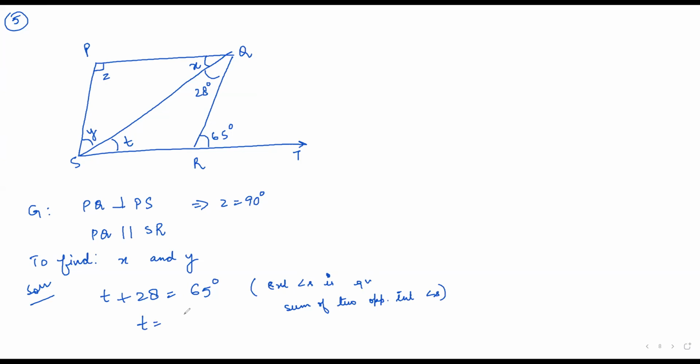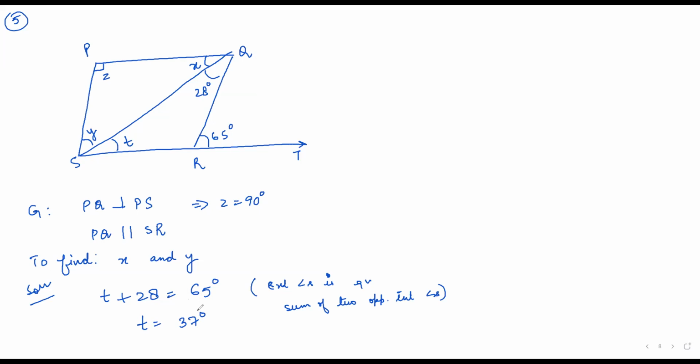37. That is 37. Just a minute. Okay, if I take it to be 37, are you sure 65 minus 28 is 37? 15 minus 8, yes.